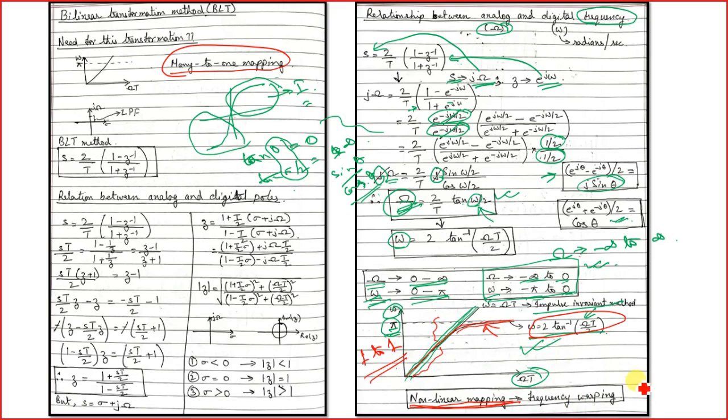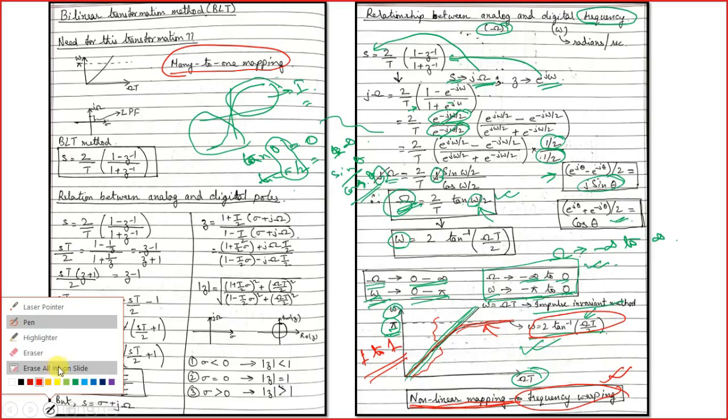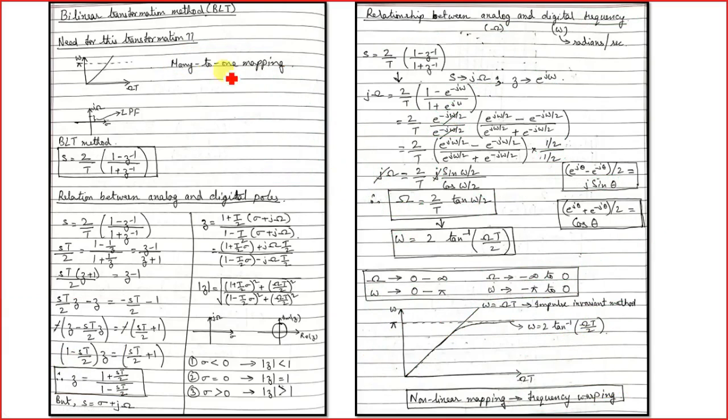This non-linear mapping is called frequency warping. Frequency warping is one of the major problems with the bilinear transform method. However, if you want to design any kind of filter, you will be able to design the filters more conveniently, and you need not worry about the aliasing factor.